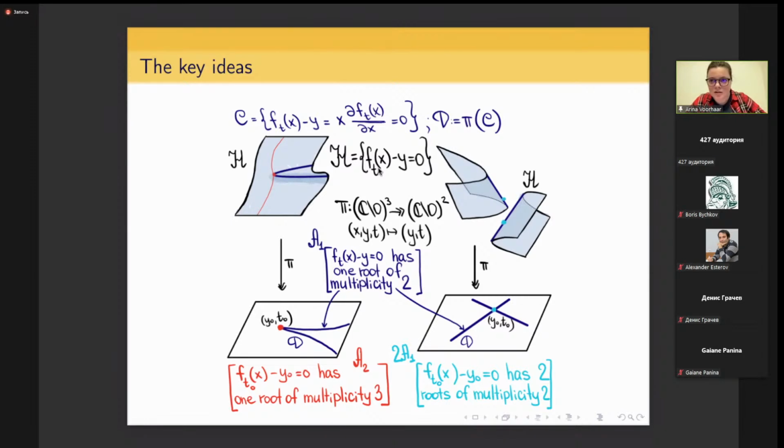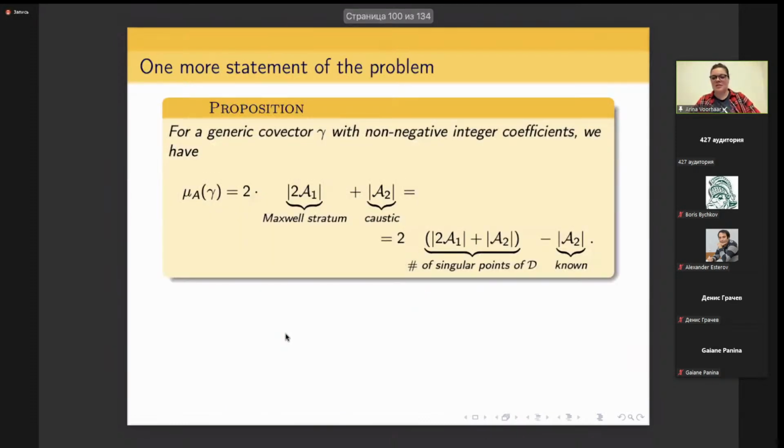And in order to find the sought support function of the Morse polytope, the way it was defined, we took Maxwell stratum squared times caustic. What we have to compute is twice the number of nodes of this curve D plus the number of cusps of the curve D. And that's what we do.